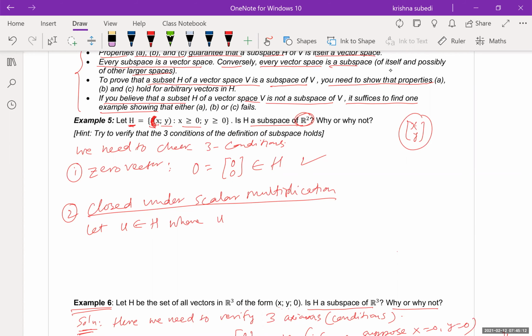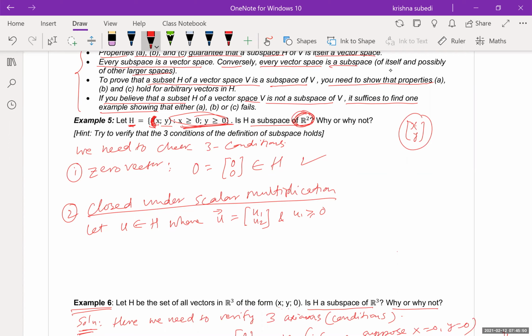So u is a vector of the form u1 and u2, where u1 must be, see here, there is a condition: none of the objects can have a negative value.